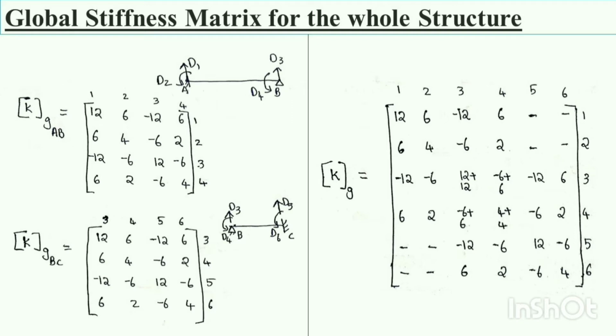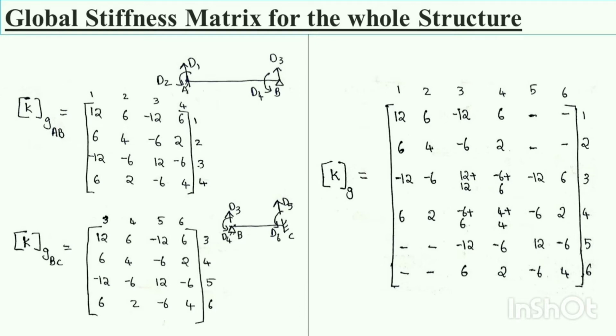Next is KGBC, which will be equal to KLBC, which is the matrix as you see. But for matrix AB, the rows and columns are 1, 2, 3, 4. And for matrix BC, the rows and columns are 3, 4, 5, 6.